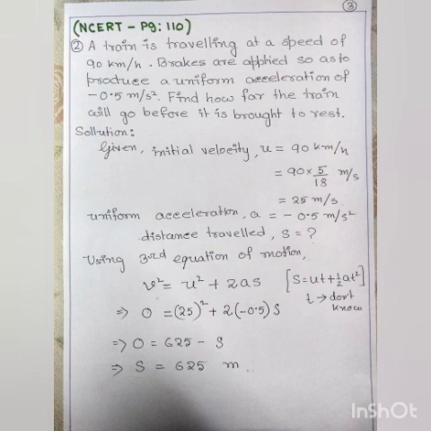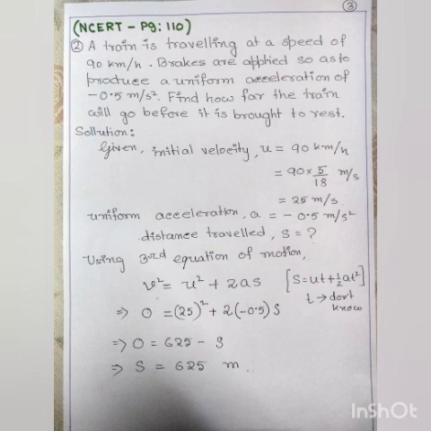But while we use the equation of motion, there we will use the positive sign of a and just substitute its value with the negative sign. Clear? If we use the term retardation, then acceleration we will write plus 0.5, but in the equation we have to write it with the negative sign. Clear?